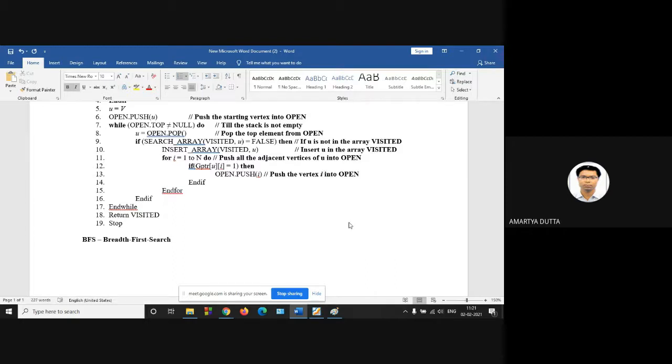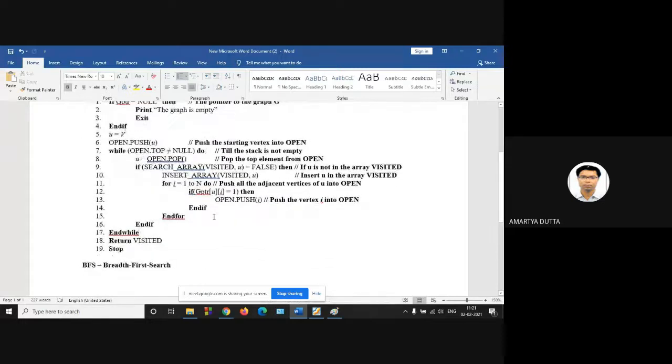Push the vertex i into open, and then end if, then end for. This is your end if, and this is end while, and finally return your visited array, and finally stop. This is your entire algorithm, right?